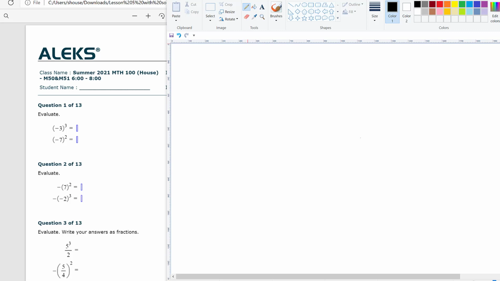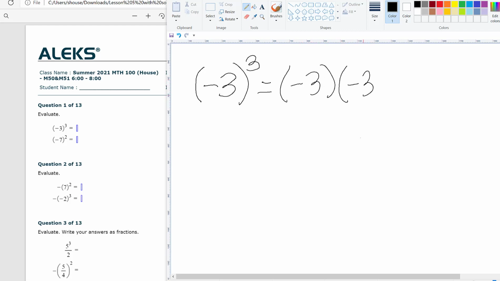Question 1 of 13. Evaluate -3 to the third power. So the definition of exponents tells us that we have to take a base of -3, 3 times to find the answer to this.